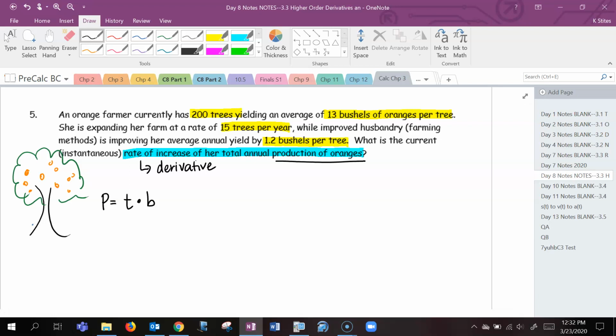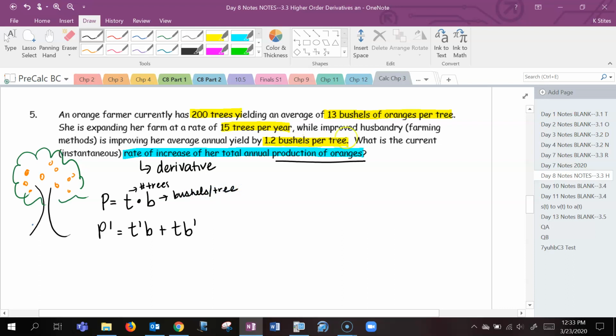At what rate? So we can't just multiply t times b. We need to take the derivative. And to take the derivative, we will have to use product rule. So that's going to be t prime b plus tb prime, where again t is number of trees and b is bushels per tree.